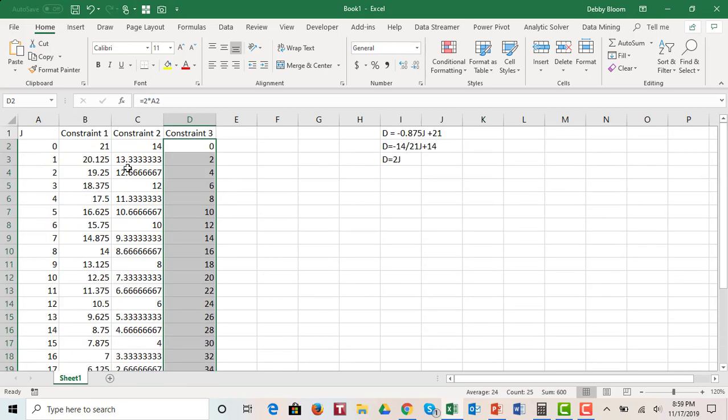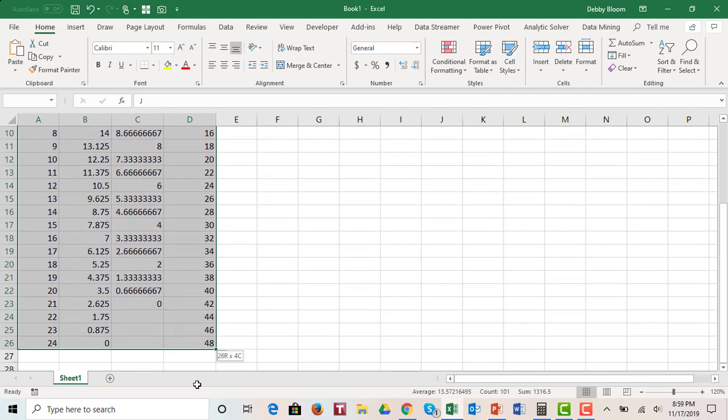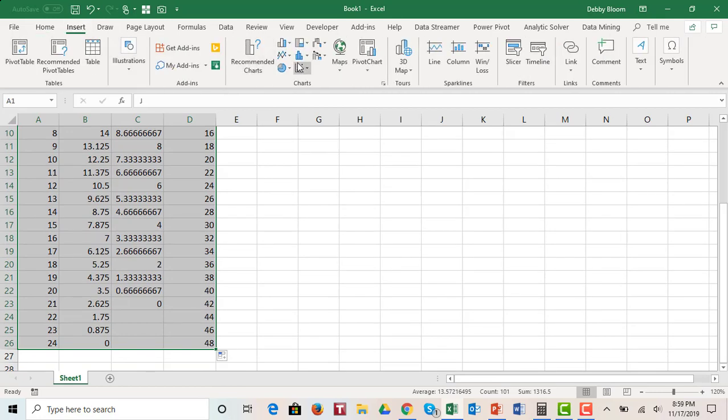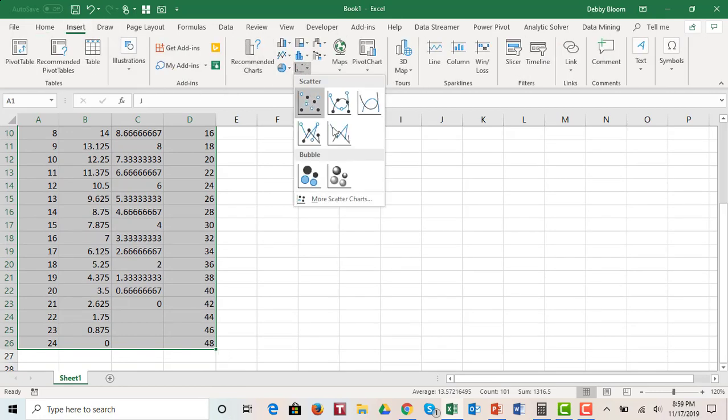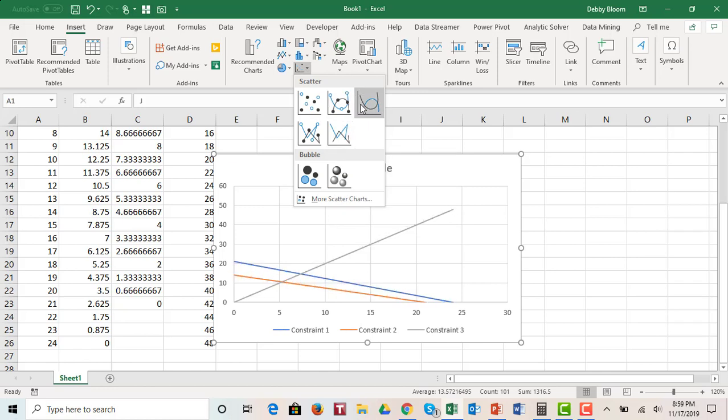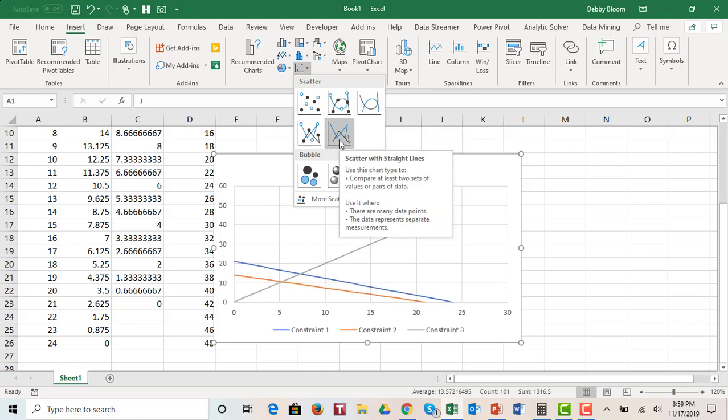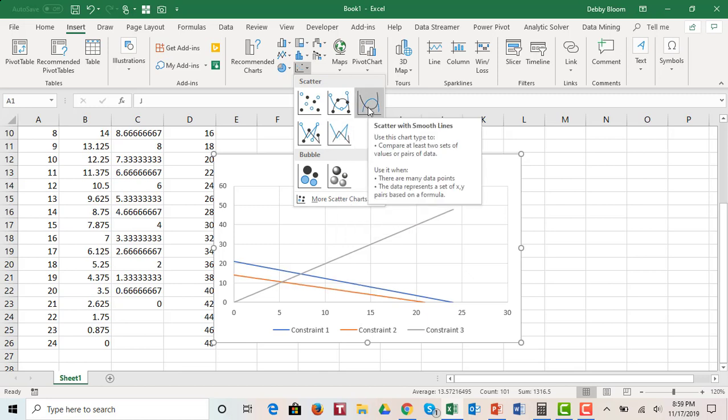Now the next step is to graph all of our constraints. So I'm going to select the range A1 all the way down to D26, and I'm going to click insert, and then I'm going to choose a scatter chart, but I'm going to choose one of the ones with straight lines. So it doesn't matter, since it's linear, the one with straight lines or the one with smooth lines will look exactly the same.